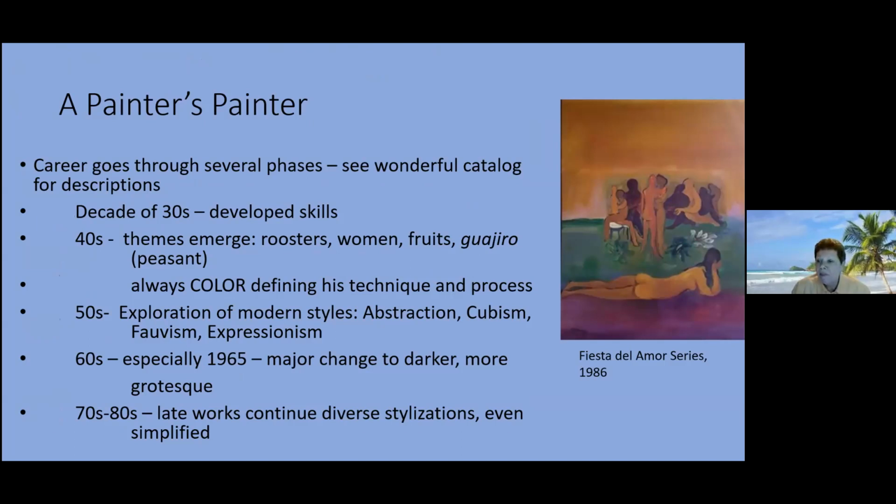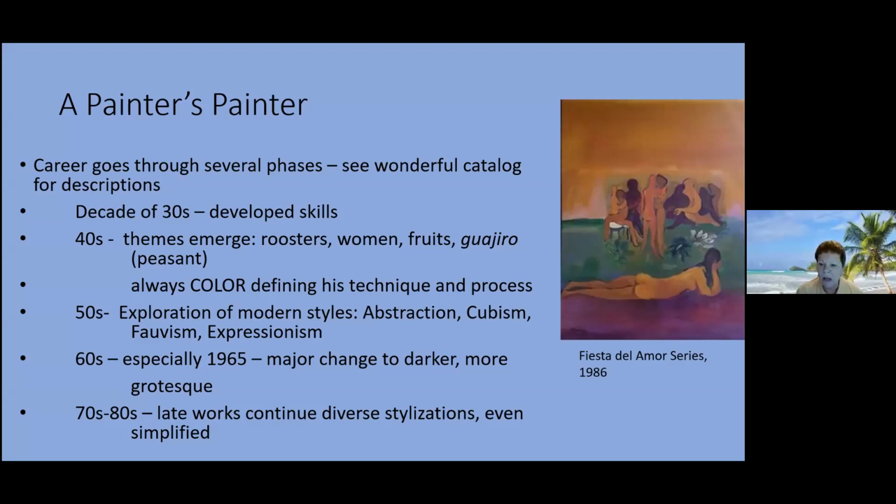It was in the decade of the 30s that he began to develop his skills. In the 40s, the themes that become part of his entire career emerged: roosters, women, fruits, the guajiro, but always color was very defining to his technique and process.